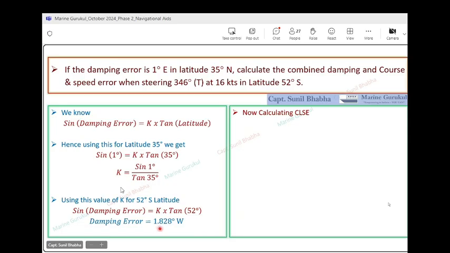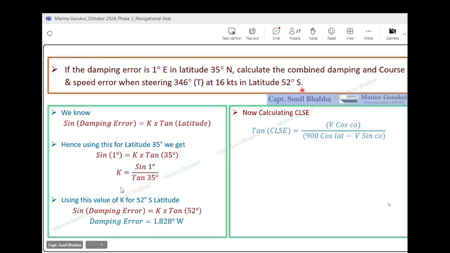So we get the magnitude of the damping error as 1.828 degrees. And the sign of this damping error: the latitude is given to us as 52 degrees south. Now in southerly latitudes, the direction of the damping error is west or high. So we have obtained the damping error for latitude 52 degrees south.